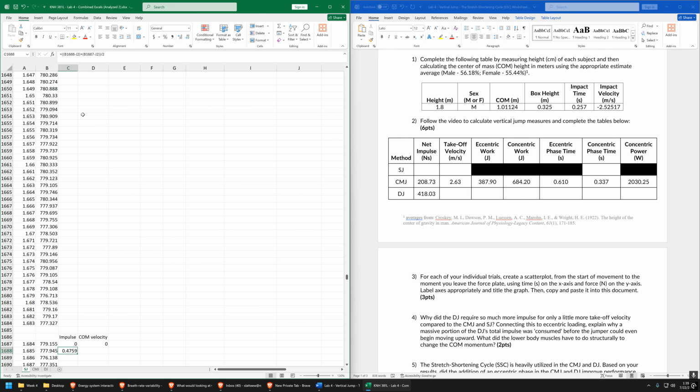Just make sure you have this minus weight, this minus weight. I'm going to add in those dollar signs, and then multiply by time. Time difference between those two measurements is 0.001.